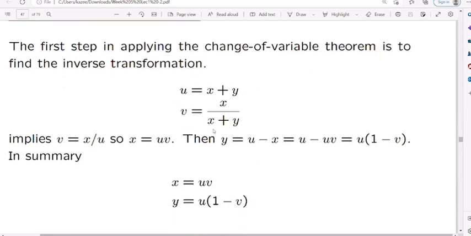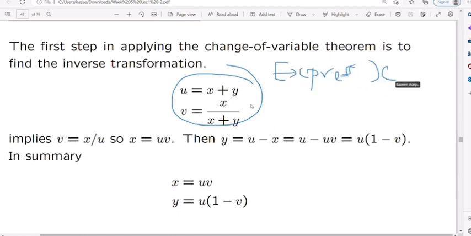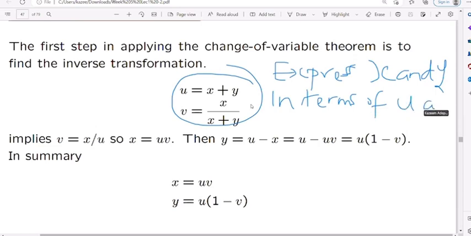Now, what you're actually going to do is, if you take a look at this, U and V are in terms of X and Y, right? The very first thing you need to do is express X and Y in terms of U and V. X and Y are the original variables.